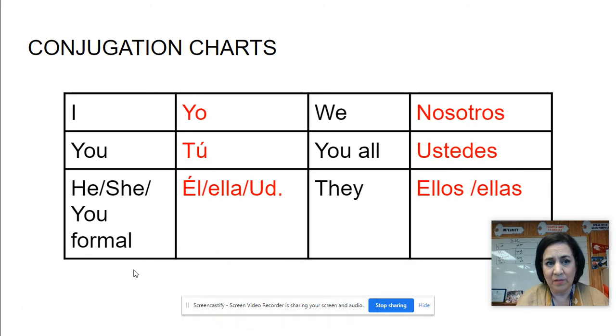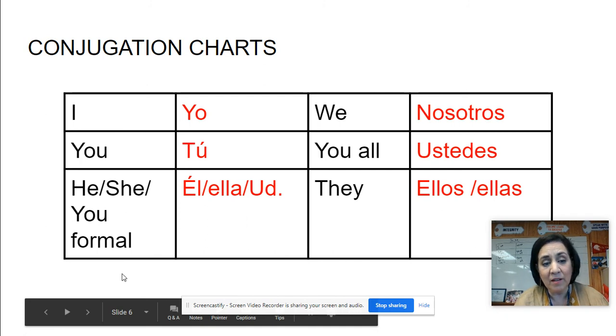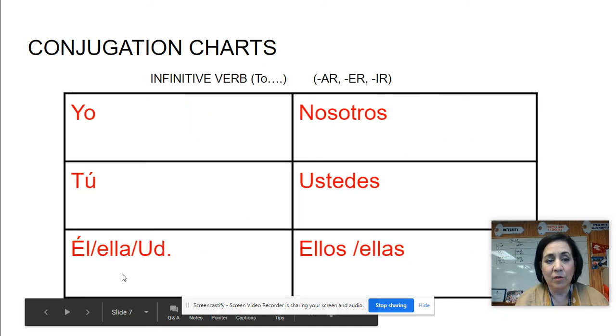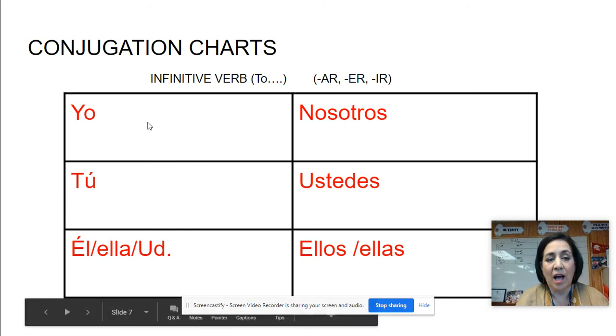So use the English one just to remember the meaning of I, yo, you, tú, she, he, you formal, él, ella, or usted, we, nosotros, you all, ustedes, they, ellos, and ellas. But normally, you're going to find it like this, okay? So a chart of 6 boxes where we're going to learn how to say I something, you something, he or she something. We are just going to fill them in with the verb conjugation.